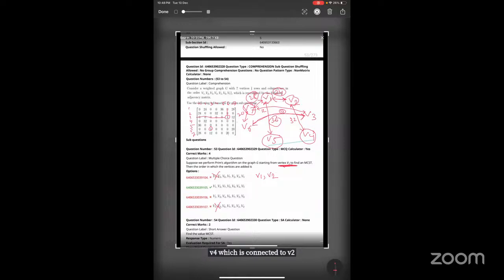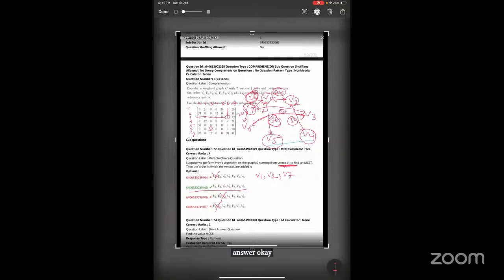Only these three are the possible vertices, right? And we will now choose the vertex with least weight. So 32, 36 and 28. So 28 is the least, so we will enlist V7 after that.